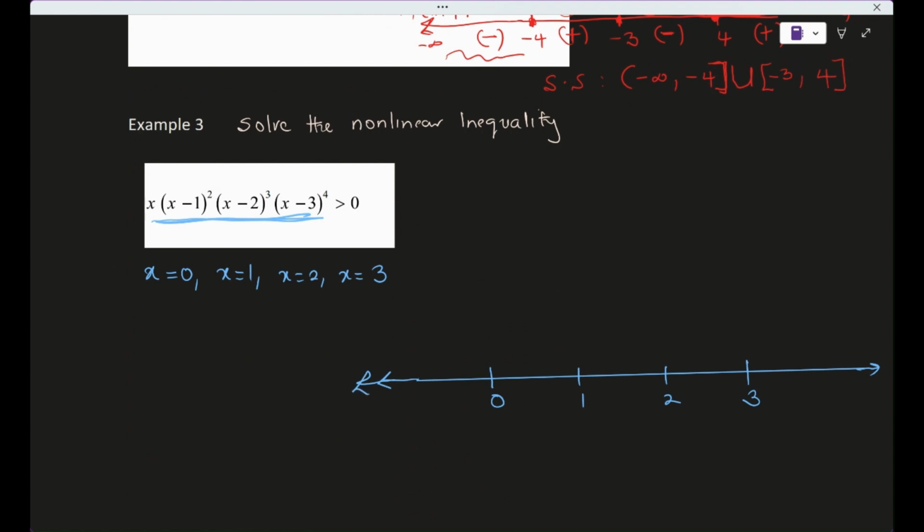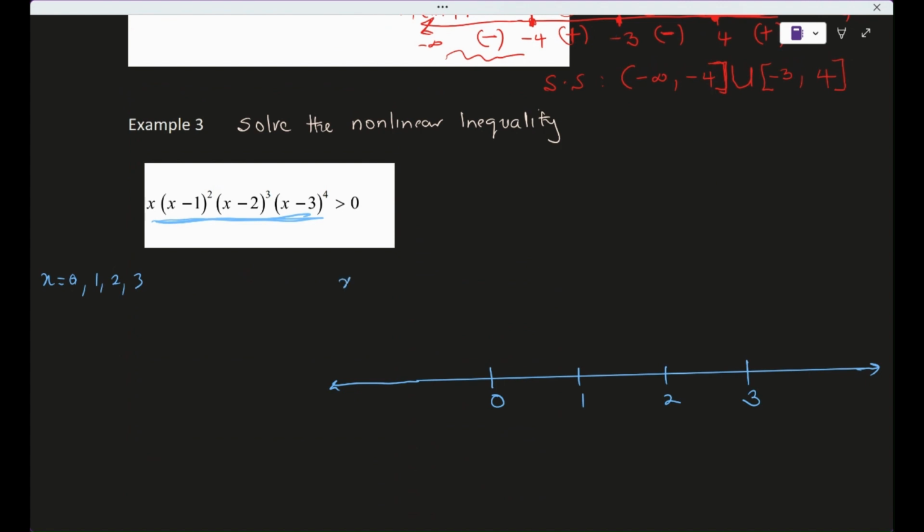Then we should have our factors. What are the factors here? Here we have, okay, let me reduce this here. 0, 1, 2, 3. So let's add the factors here.